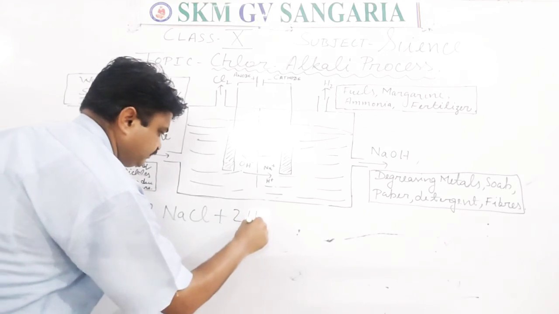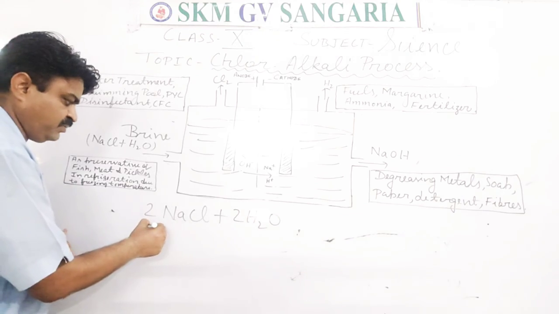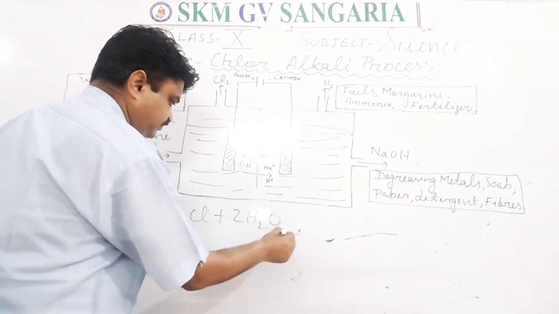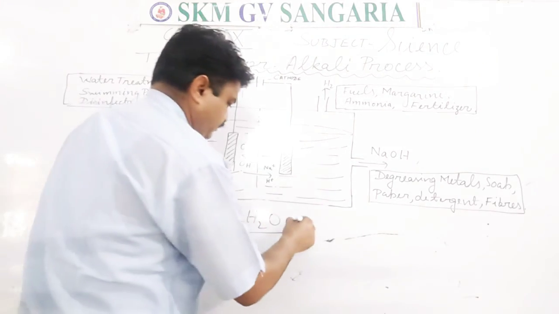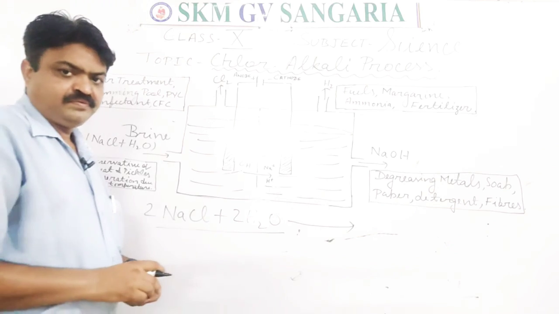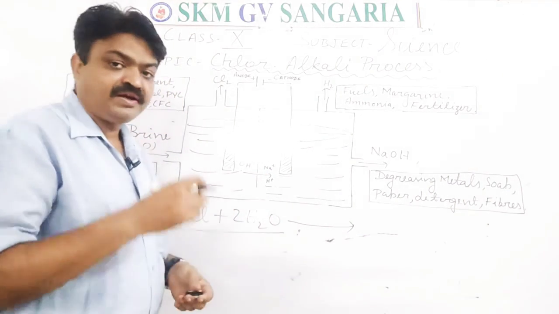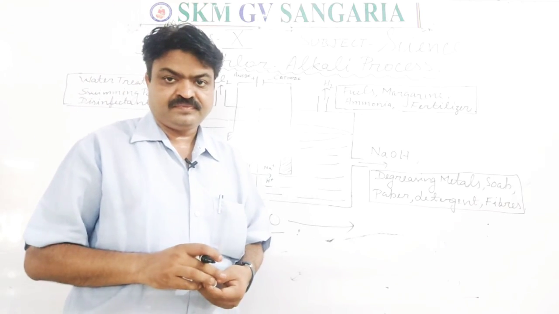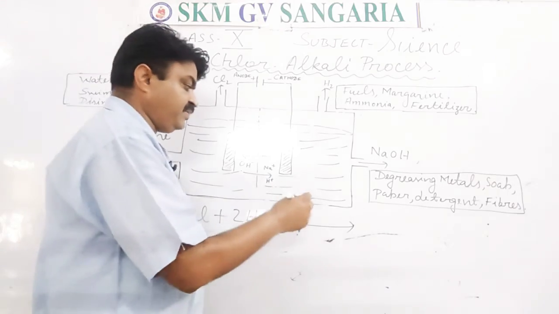Sodium chloride with water is kept in a container and electric current is passed through it, then what do we get?